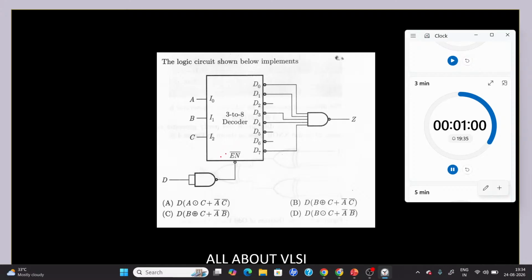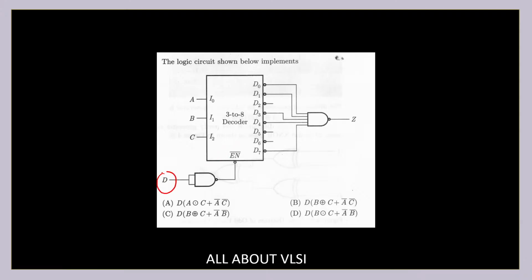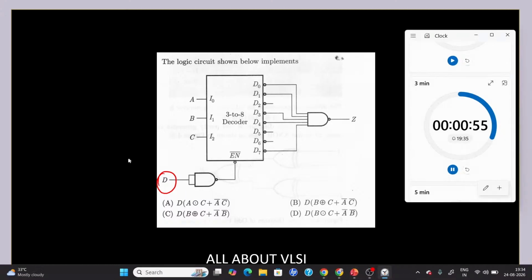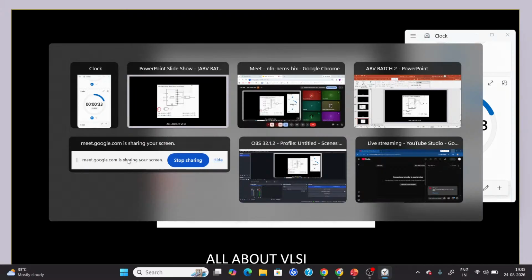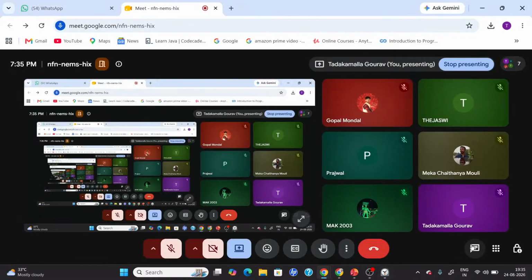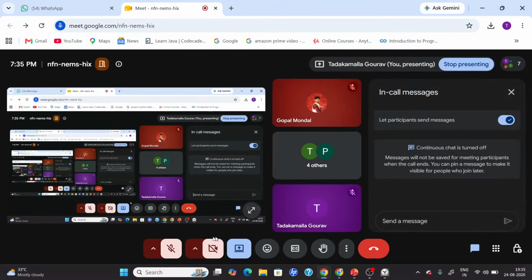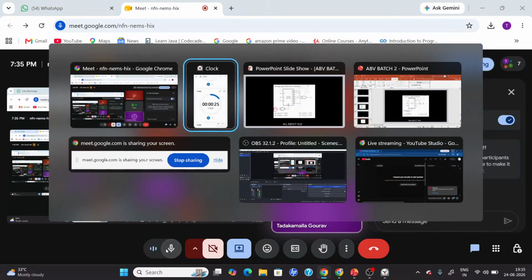So you need to get your answer with respect to D also. Anyone got the answer?